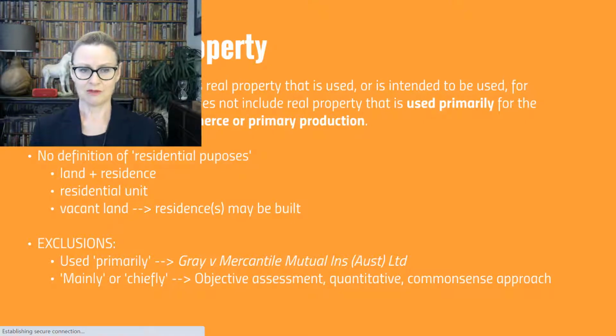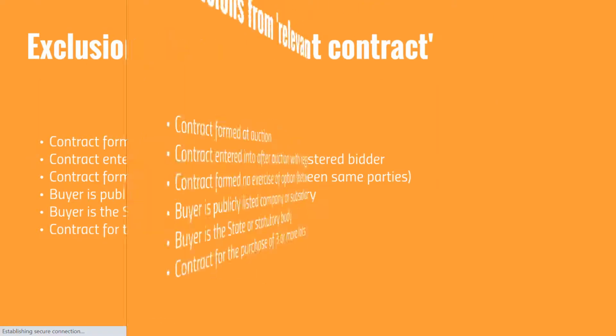They came down on the side of mainly or chiefly. It's the usual contract kind of assessment, objective assessment. You're going to be looking at quantitative, so how much of the property is used for this kind of purpose. It's a common sense approach at the end of the day. So that's contracts for the sale of residential property.